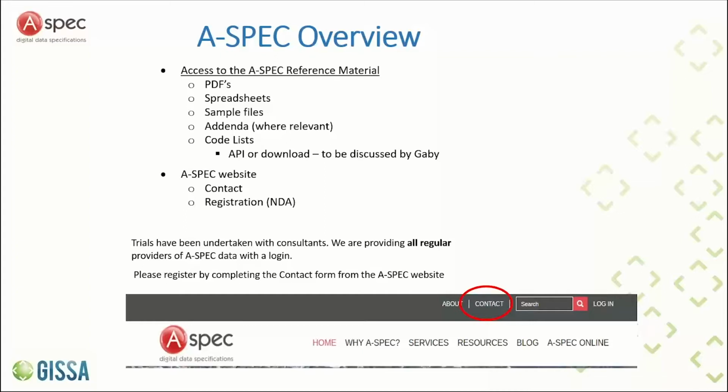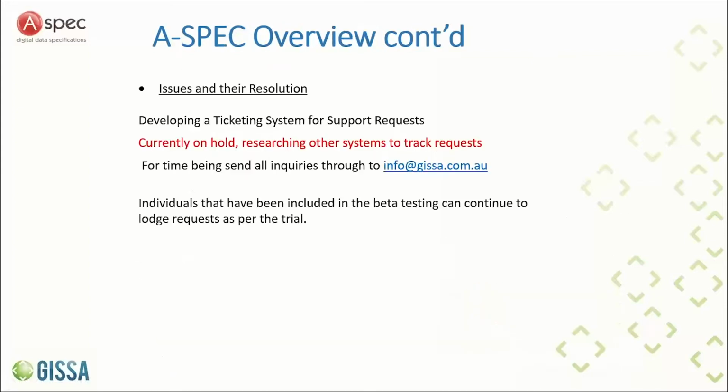Otherwise, we'll send the relevant documents to them that they need. And the documents cover PDF, spreadsheets, sample files, addenda, and code lists. And look, if you have any questions along the way, please don't hesitate to ask.